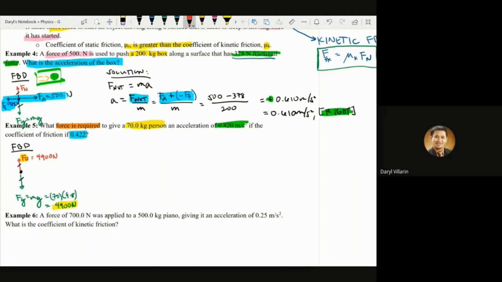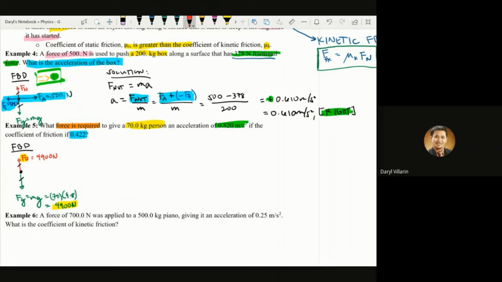Again, I already see in my free body diagram, in the vertical components, there are no other forces except for Fn and Fg. And these two forces are in opposite direction. If they're opposite in direction and their net force is equal to 0, it also follows that the magnitude of your Fn and Fg must be the same.